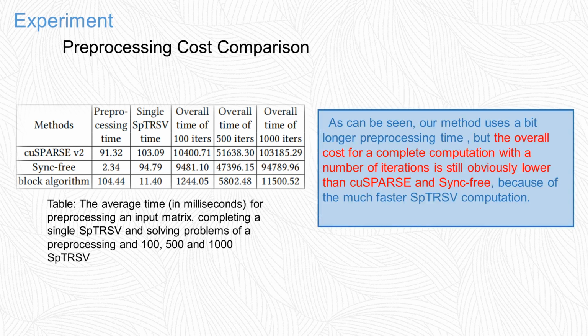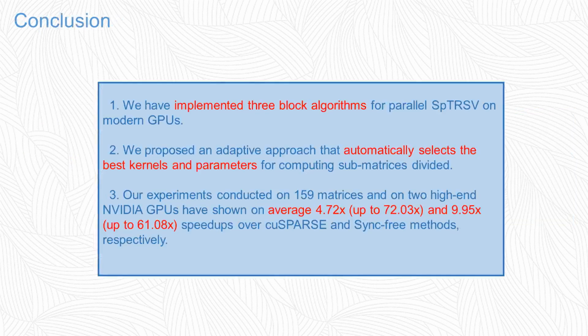As we can see, our method uses a bit longer pre-processing time, but the overall cost for complete computation with a number of iterations is still obviously lower than cuSPARSE and sync-free because of the much faster SpTRSV computation. We have posted the source code at this link.